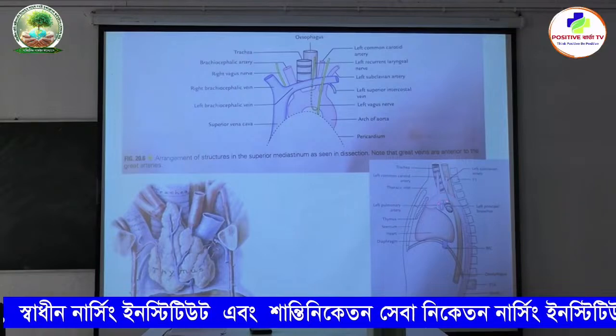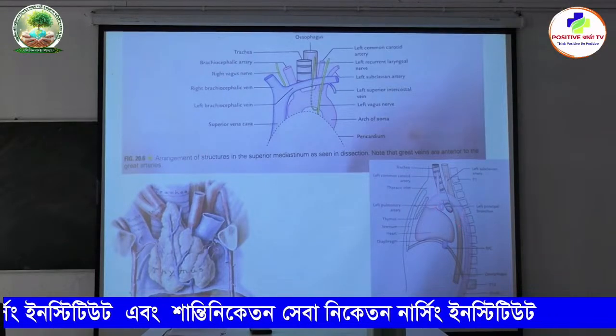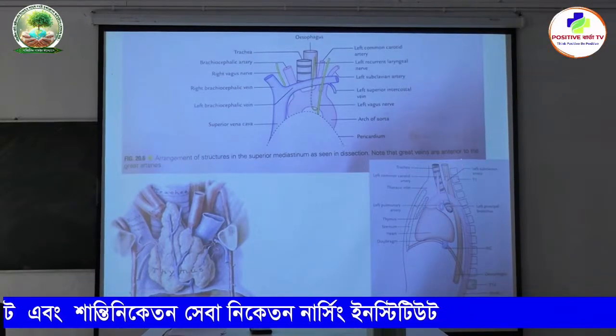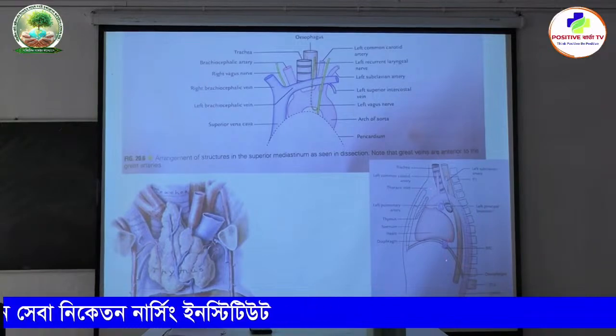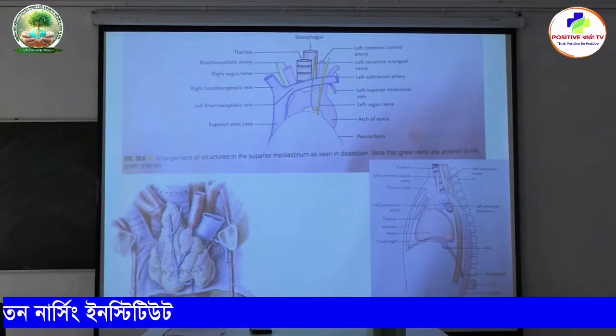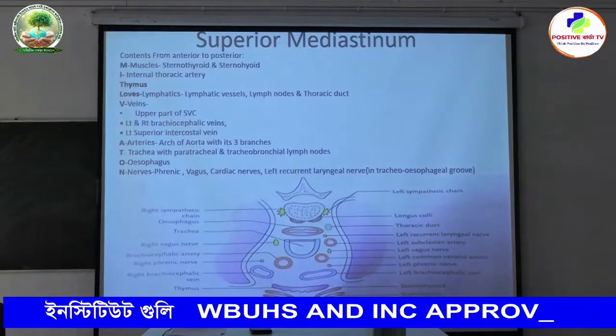This is left pulmonary artery, part of lung root. This is left principal bronchus. Here is the esophagus, trachea. Okay, this is inferior vena cava draining into the heart. Okay, left atrium, right atrium. Okay, so these structures you will see.